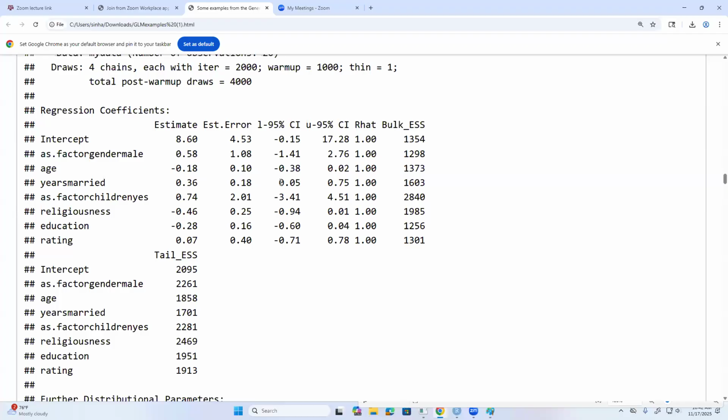Years married has some positive effect, right? What does it mean? It means someone who is married for many years is likely to have more affairs. Age does not have a significant effect. Gender does not have a significant effect. So the only thing I see is years married, and happiness rating has nothing to do with it also, right?